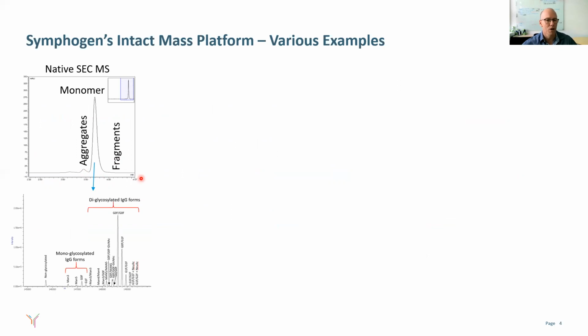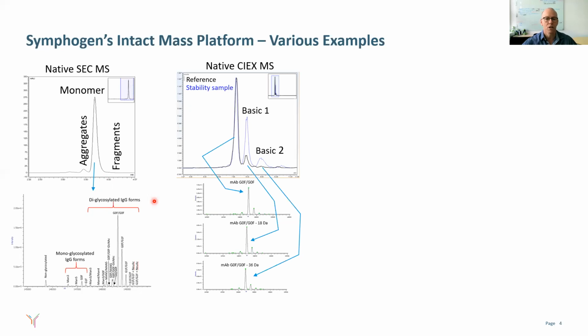That's really nice because it's gentle conditions, and also, especially with the native SEC-MS, you combine biophysical characterization where you look at aggregates and fragments if they are present. And now you can then get an MS readout and see it's more like physical chemical characterization. You can see the proteoforms combined with this separation based on size. So very nice.